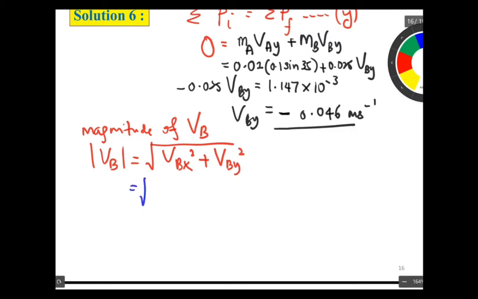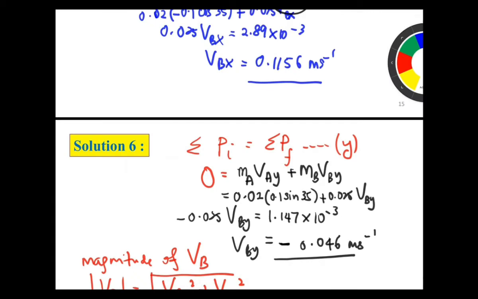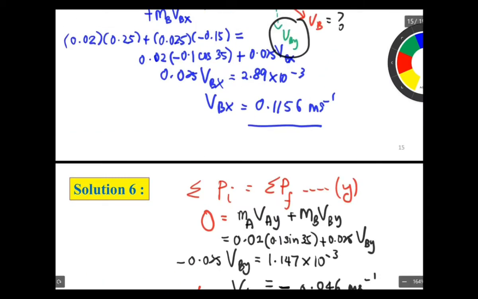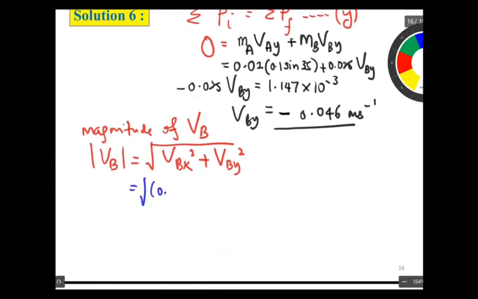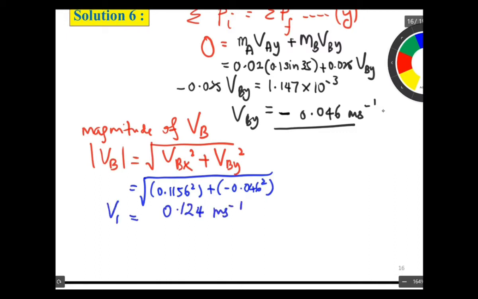VBX kita tadi adalah 0.1156. So 0.1156 square plus dengan negatif 0.046 square. Get the answer is 0.124 meter per second VB.